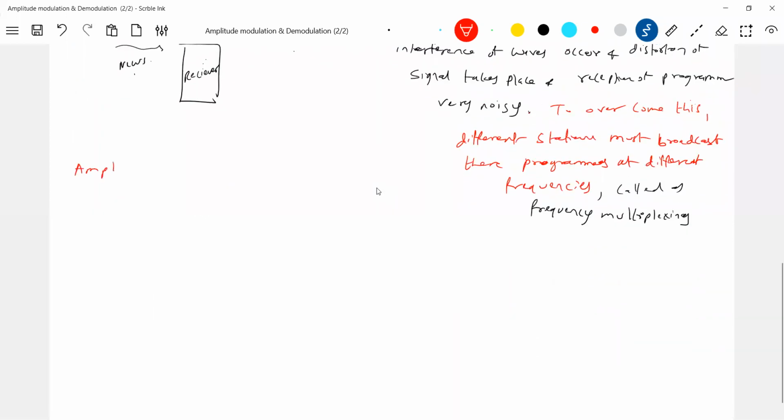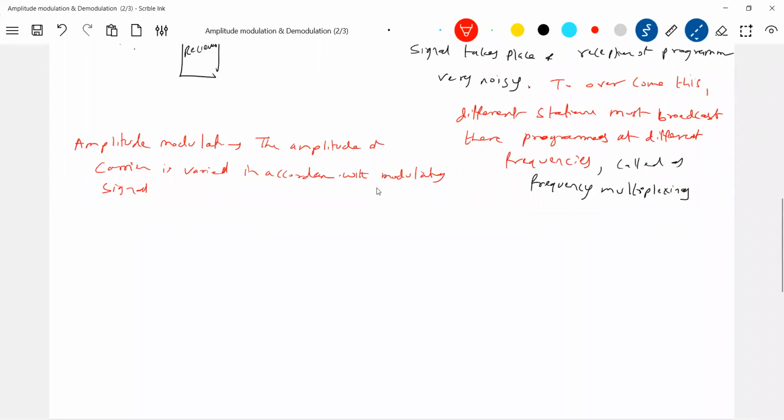So first, what is the amplitude modulation? The amplitude of carrier is varied in accordance with the modulating signal. So what I'm going to do, a high frequency carrier wave will be there. So let me set up the background so that mathematics will be easy for you.